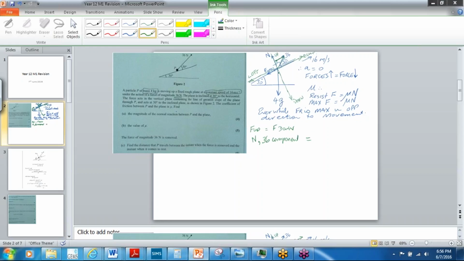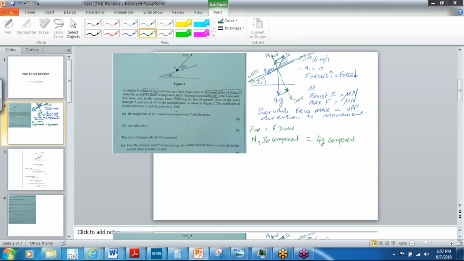The forces down is simply the mass due to gravity, the 4g component acting down. That's the component of the 4g, that's the component of the 36, and that's the component for N.